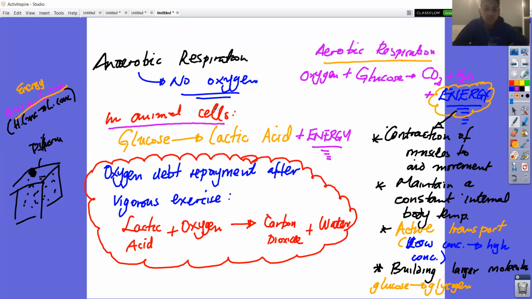Anaerobic conditions are introduced, and those bacteria respire anaerobically, and they produce lactic acid as well. And it is that lactic acid which allows us to make yogurt. So this equation is for animal cells, but also some prokaryotic cells.